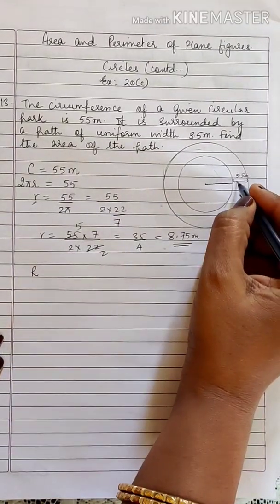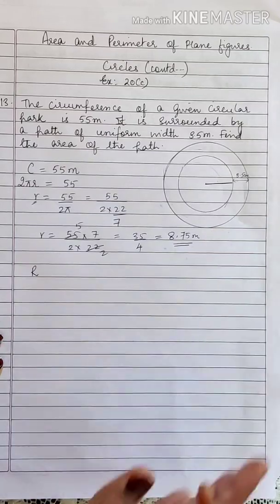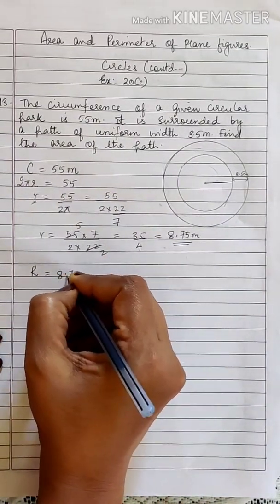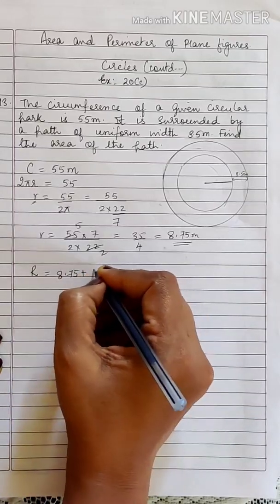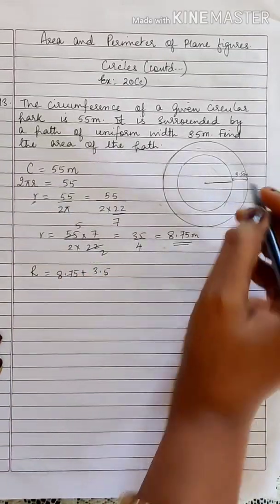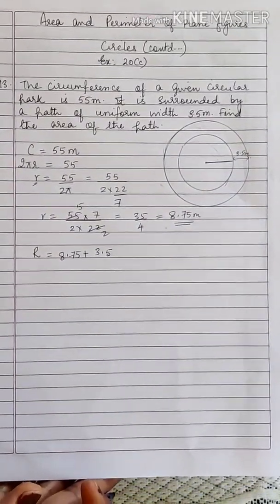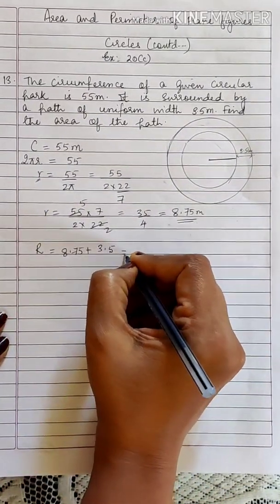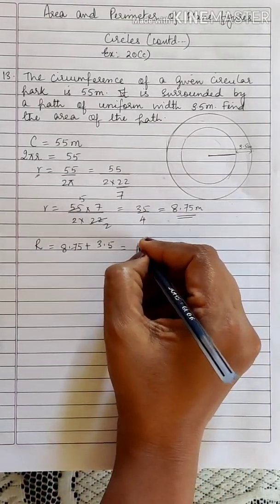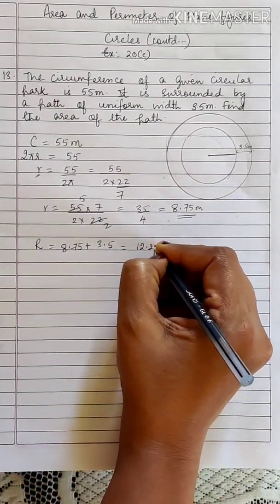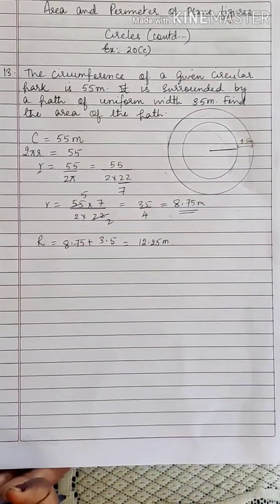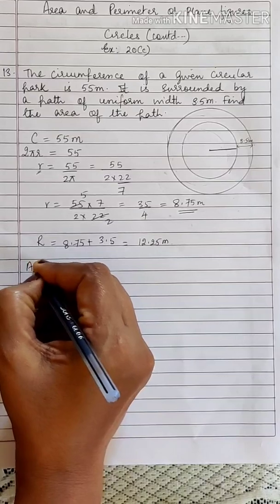Now this path is 3.5 meter, so this will become 8.75 plus 3.5. Since the path is 3.5 meter, the radius of the outer circle will be equal to 12.25 meter. Now you have to find the area of the path.